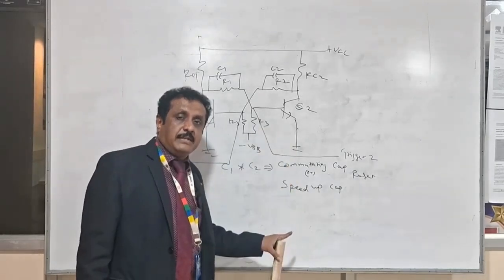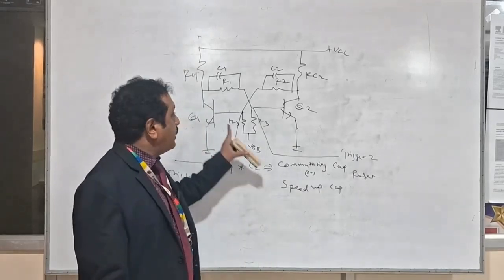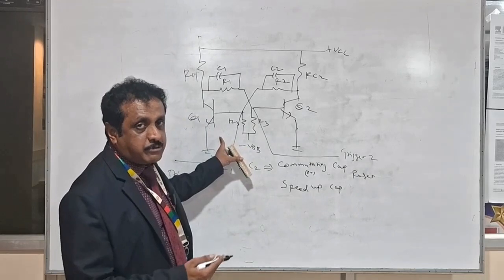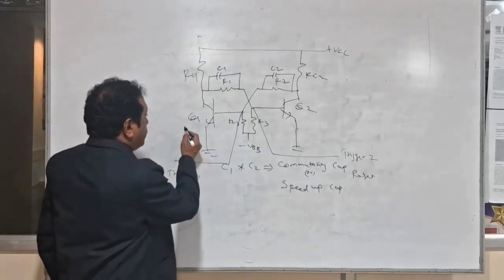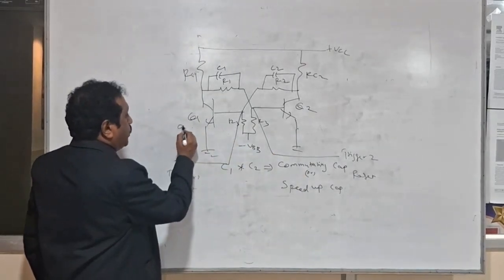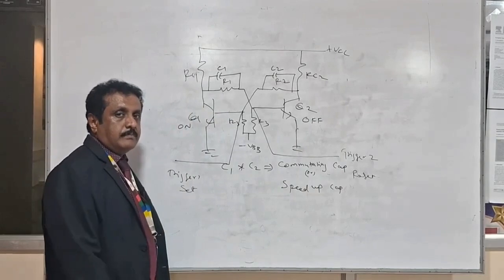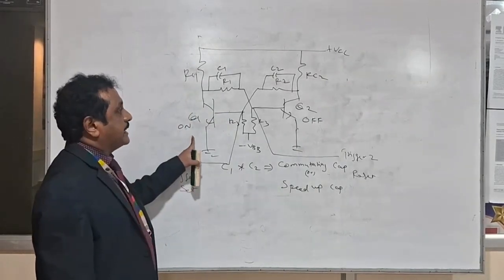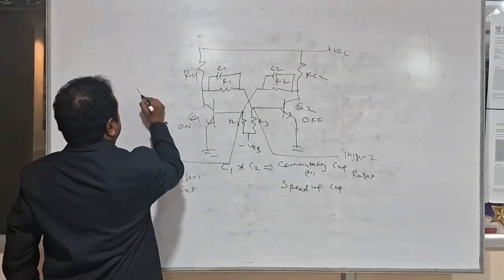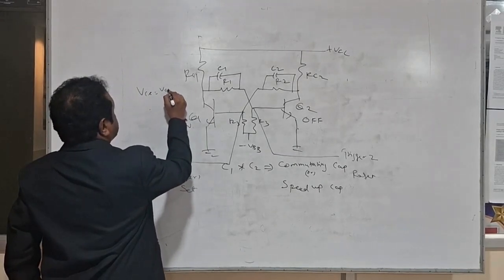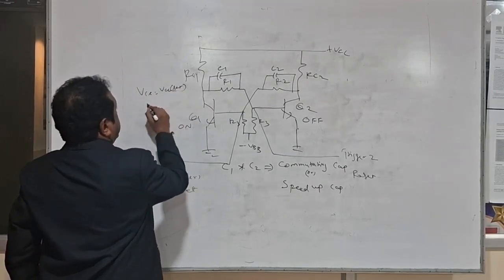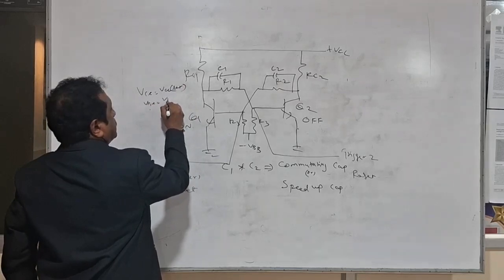When the supply is given, due to some imbalance, any one of the transistors will be driven into saturation and the other one will be driven into cutoff. Here, let us assume your Q1 is on and Q2 is off. Now Q1 starts conducting. When it is on, the corresponding VC is equal to VC saturation and VB is equal to VB saturation.